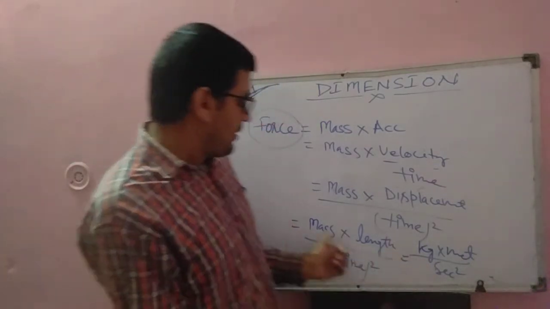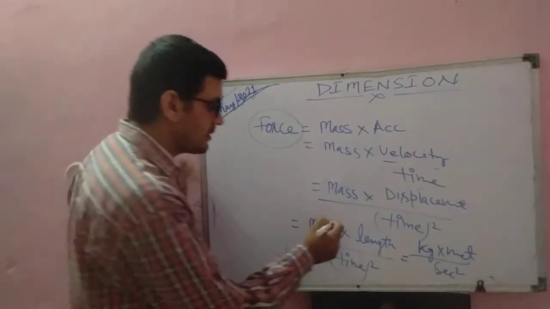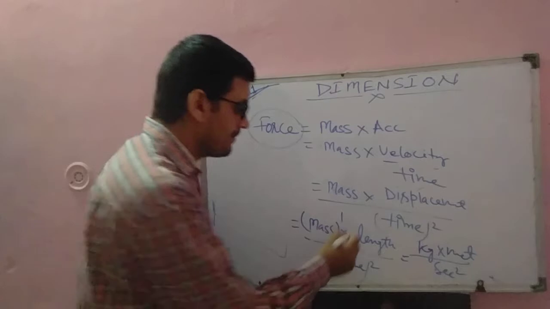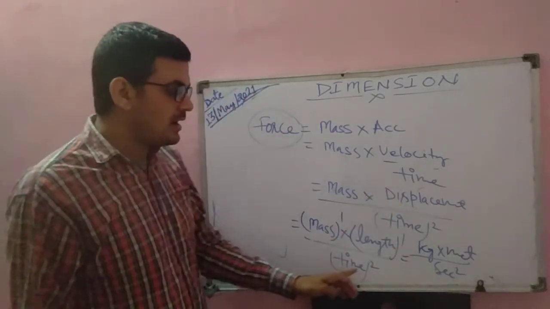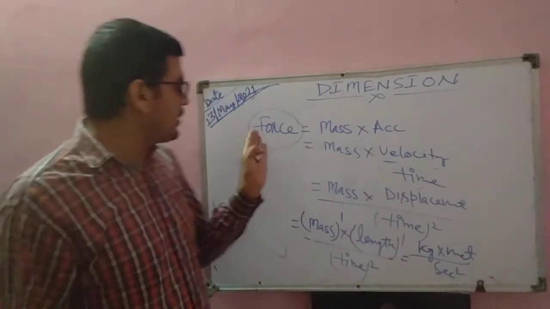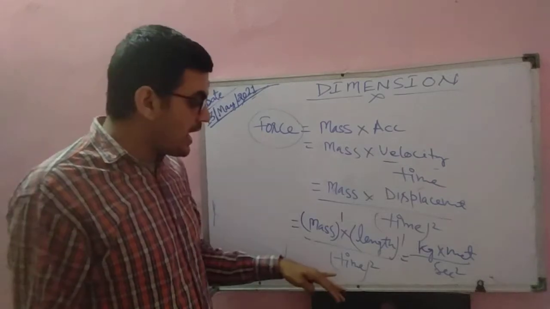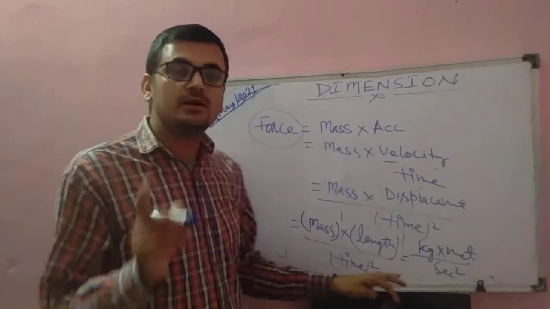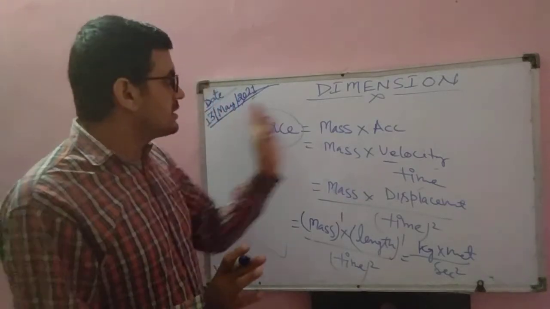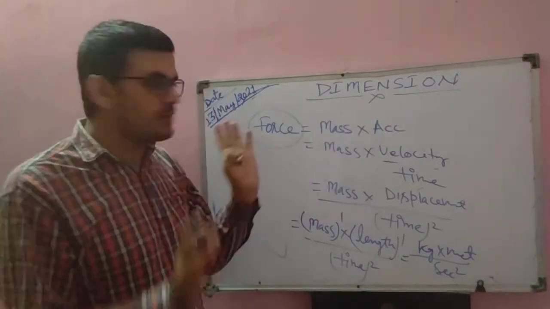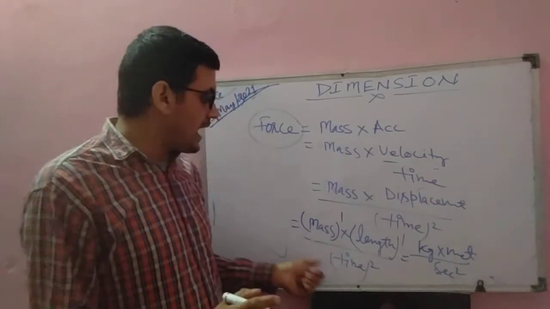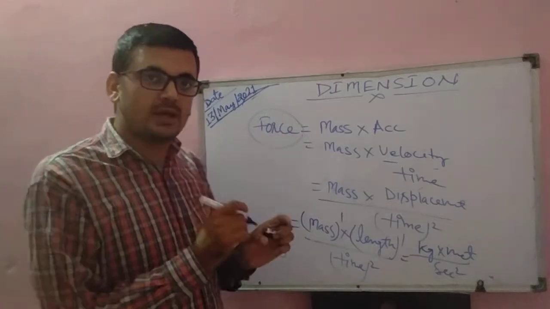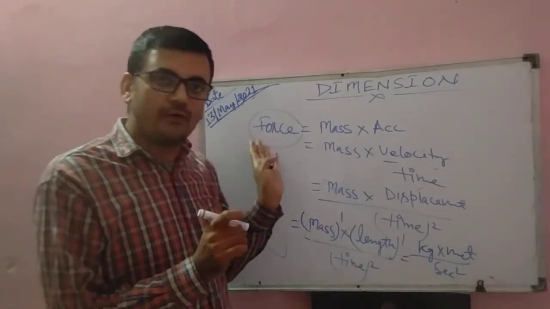Here mass is used 1 time, means its power is 1. Here length is used 1 time, its power is 1. Here time is used 2 times, so the dimension of force will tell you time is used 2 times to describe force.